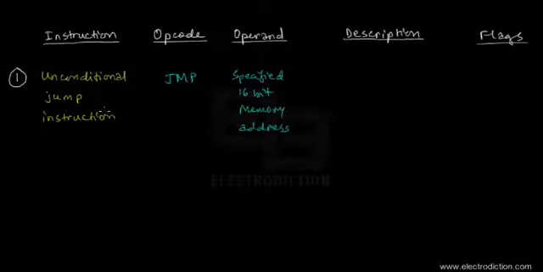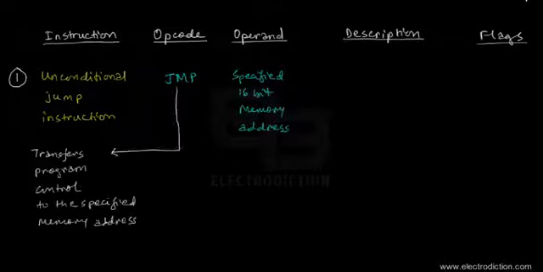We're going to start with the unconditional jump instruction, that is JMP, and as its operand, as I said, it includes a specified 16-bit memory address where you're supposed to transfer the program control. What jump instructions basically do is help in transferring the program control to a different memory location or address.